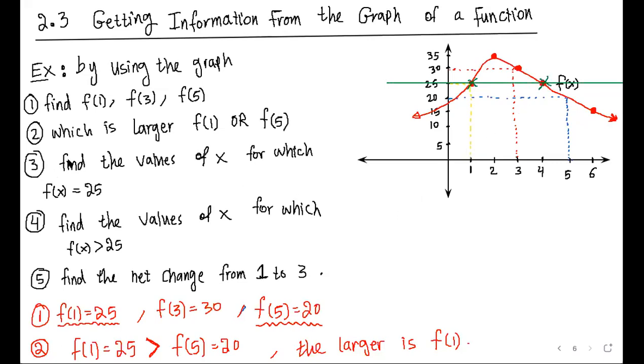So for number 3, the values of x are x equal 1, because 1 intersects the curve with the horizontal line, and x equal 4. Makes sense?